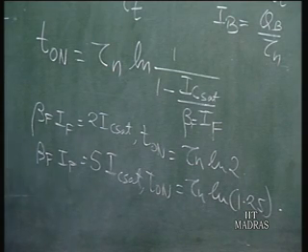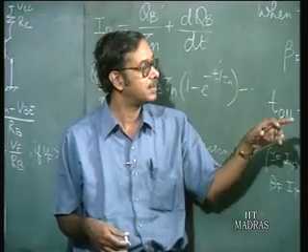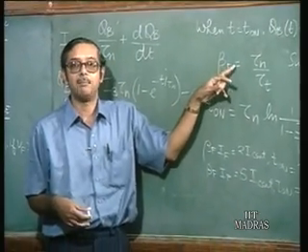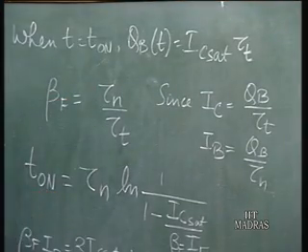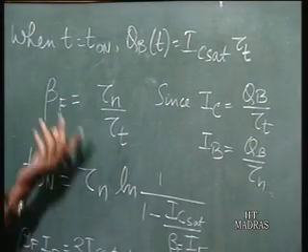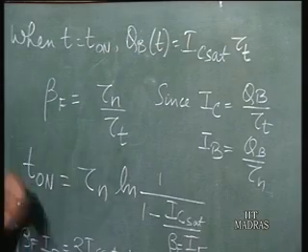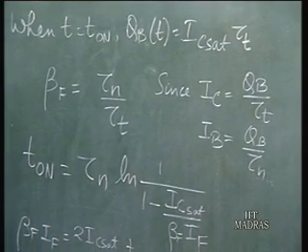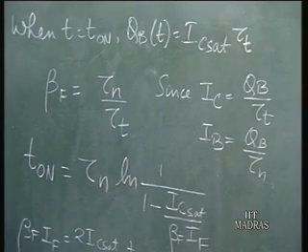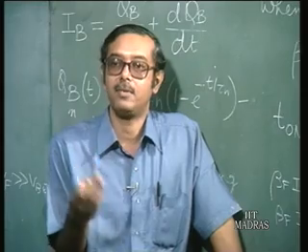But that also has a certain disadvantage because the beta of the transistor is tau n by tau t. So, if you make tau n small, beta reduces. So, tau n must be made small, at the same time tau t also should be made very small, that is the base transit time should also be made much smaller.